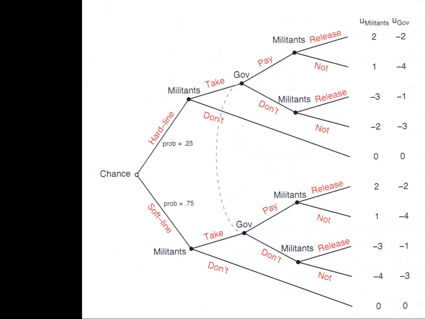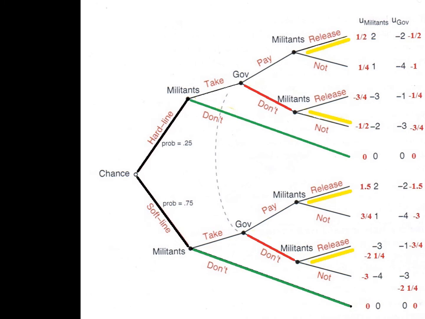So here we have a probability of 0.25 of the terrorists being hardline, and a probability of 0.75 that the terrorists are soft line, with all of the implications for the resulting probabilities. In order to solve the extensive form hostage game, it consists of first multiplying the individual payoffs by their probabilities.